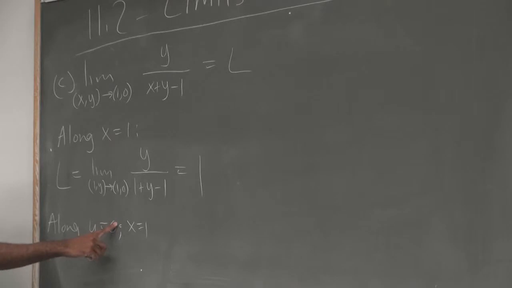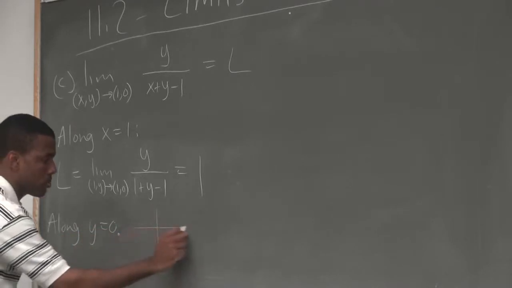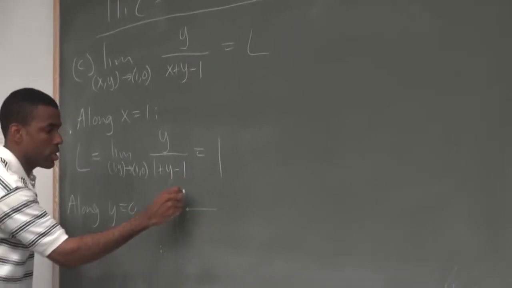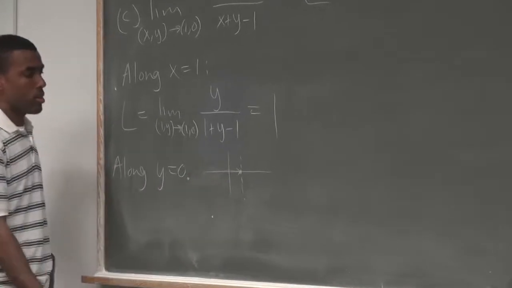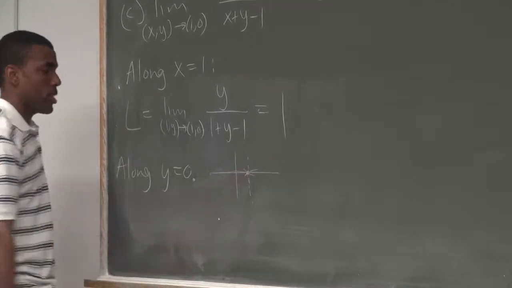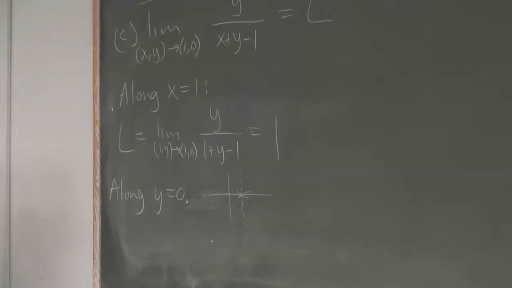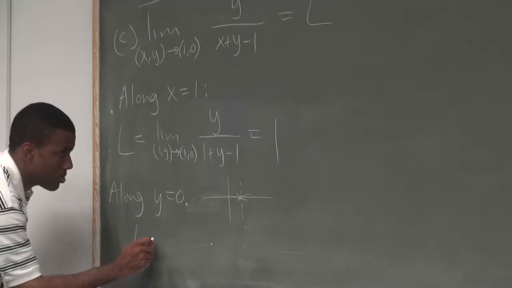Oh, no, y equals 0 does pass through x equals 1 eventually, right? Yes, it works. So y equals 0, because x equals 1 everywhere along this vertical line, but y equals 0 eventually passes through that. Y equals 0 is the x-axis. So along y equals 0, the limit is just going to be 0, right?